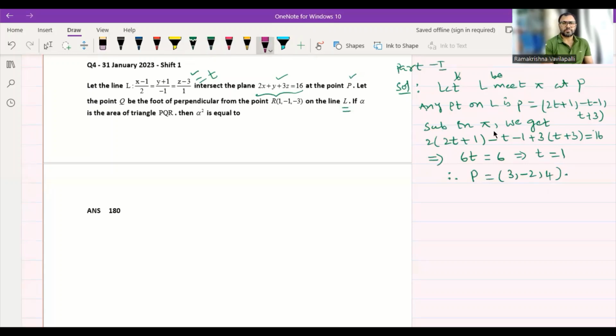Part 2. We need to find out the foot of perpendicular from a point on the line.